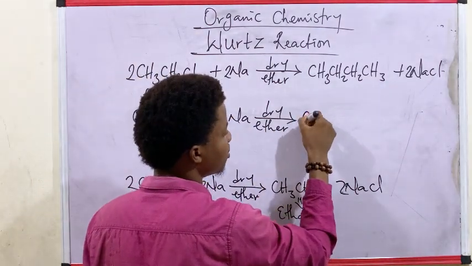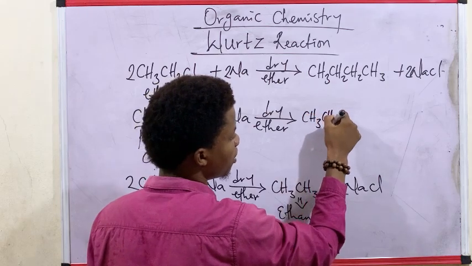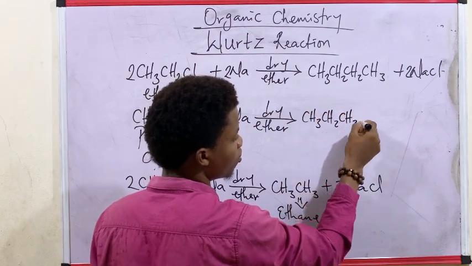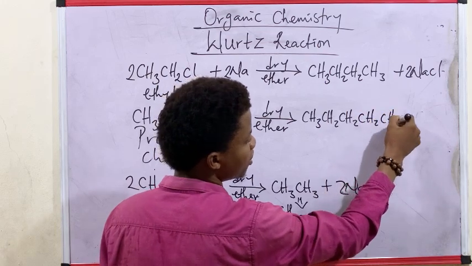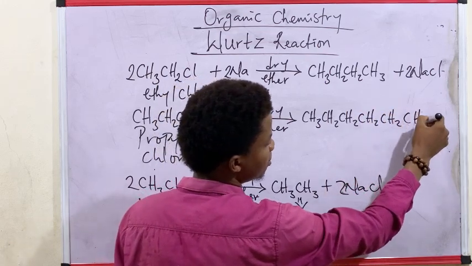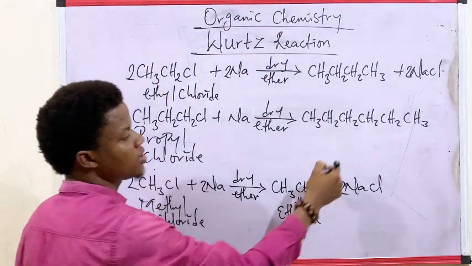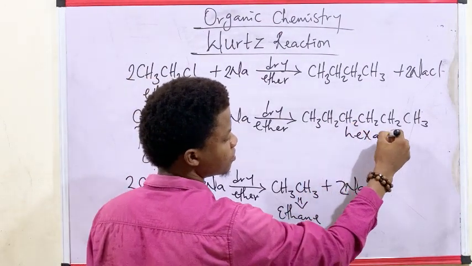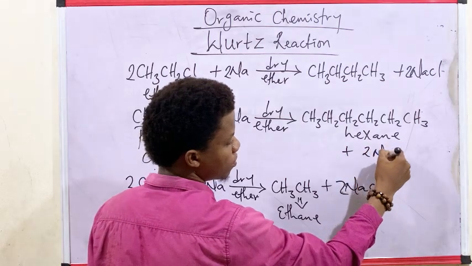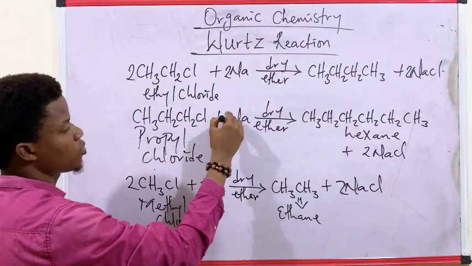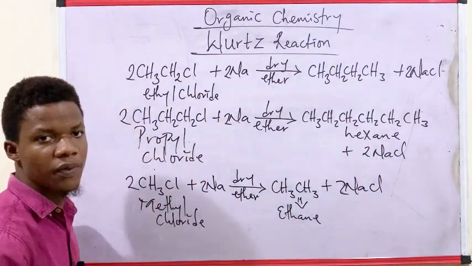And hexane is CH3 CH2 CH2 CH2 CH2 CH3, 1 2 3 4 5 6. So this is hexane. Balancing it, we have 2 sodium chloride, so we put 2 here and 2 here.